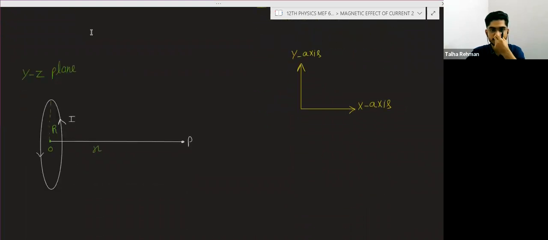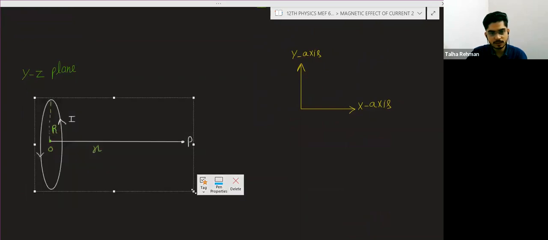Magnetic field on the axis of current carrying coil. So this is a coil.